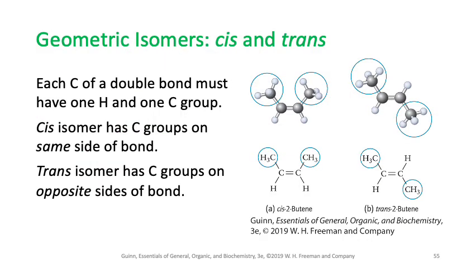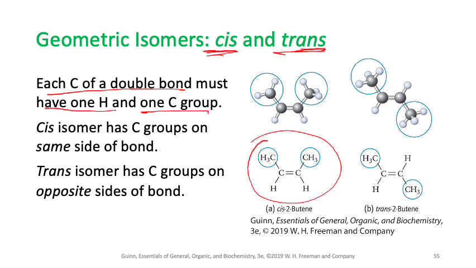Now geometrical isomers can be of 2 types depending on the structure of the geometrical isomer. One of them is cis, the second one is trans. So we're going to figure out what is the cis geometrical isomer and what is the trans geometrical isomer. Each carbon atom in a double bond must have at least 1 hydrogen and 1 carbon. Let's take this example over here. You have a carbon-carbon double bond, right?